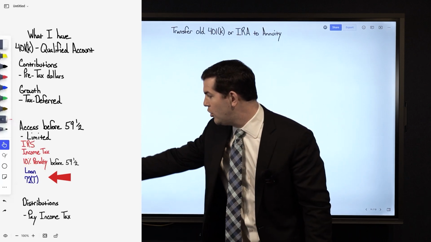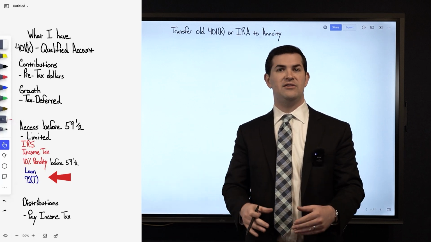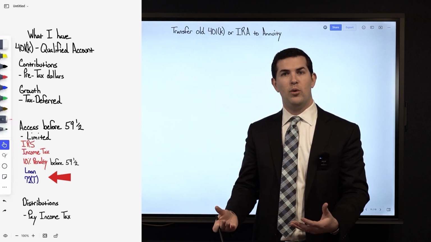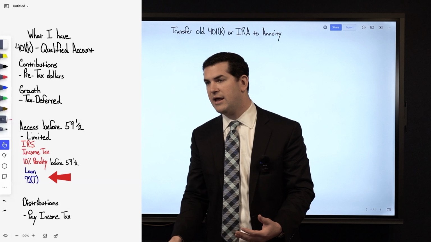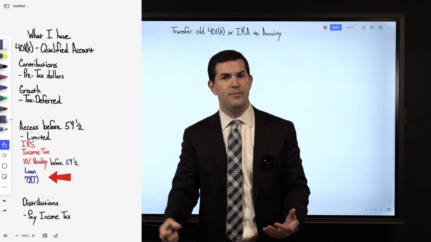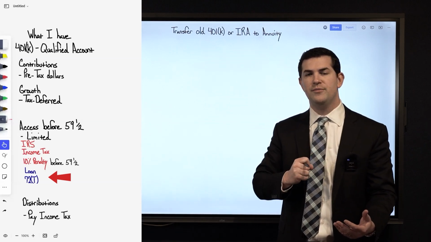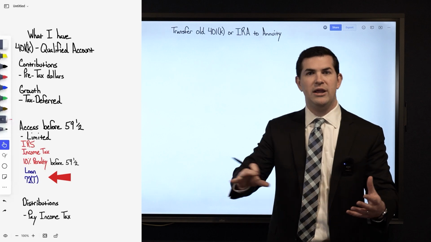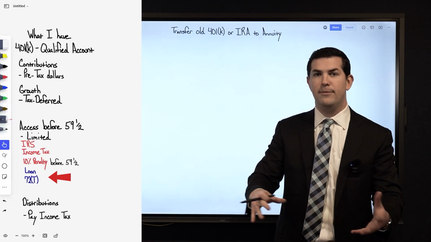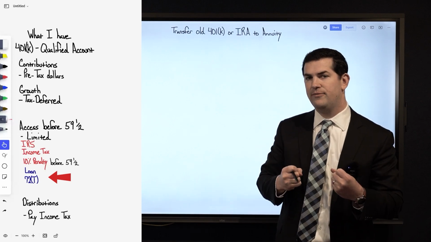But if you take a loan against your 401k, let's say it's for $50,000, what happens is when you take $50,000 from your 401k, that $50,000 is no longer earning interest, or if you have it participating in the market, it's outside of the account.